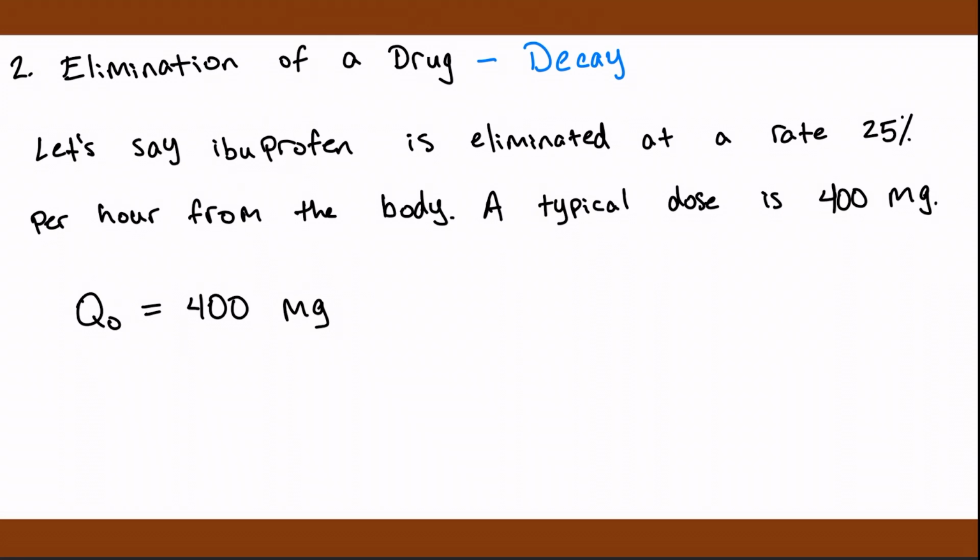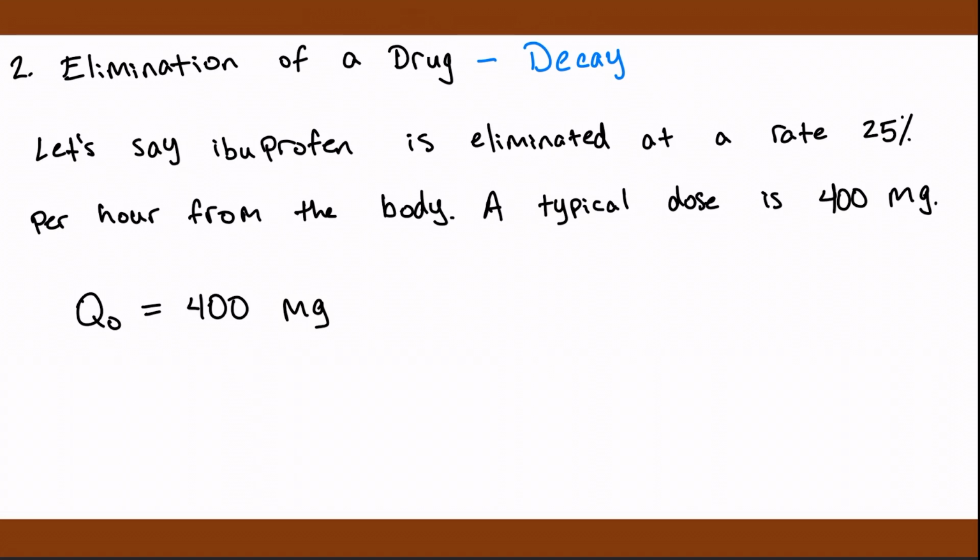So at some time t, the rate of change of the elimination of the drug depends on how much is there. So the less there is, the lower the rate. That's the key aspect of exponential functions. It depends on how much is there.